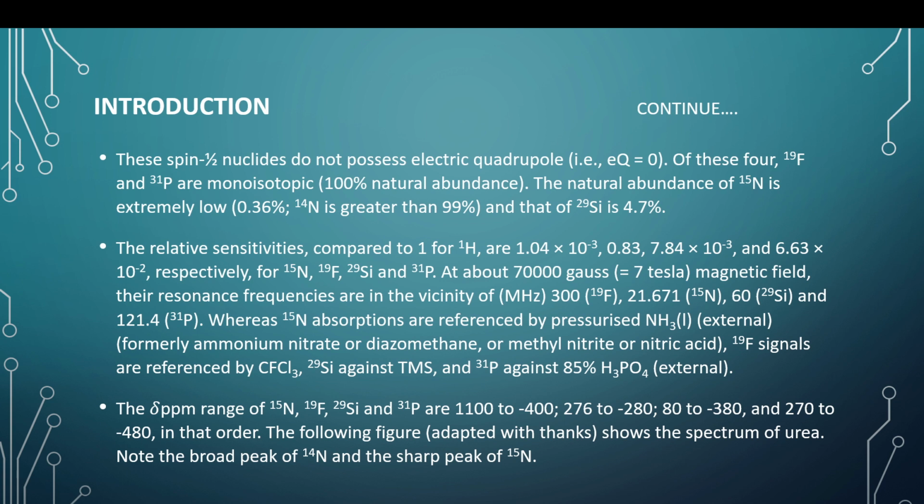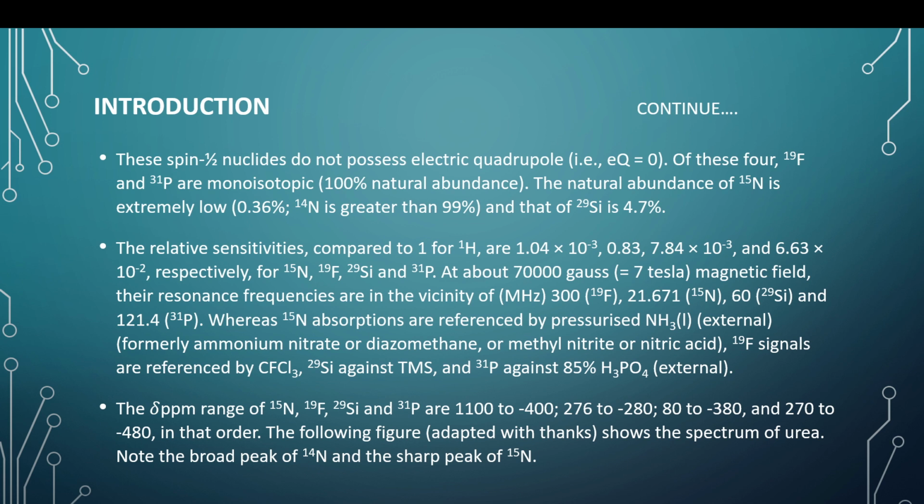Secondly, the relative sensitivities compared with one for hydrogen are 1.04 into 10 to the power minus 3, 0.83, 7.84 into 10 to the power minus 3, and 6.63 into 10 to the power minus 2, respectively for nitrogen, fluorine, silicon, and phosphorus.